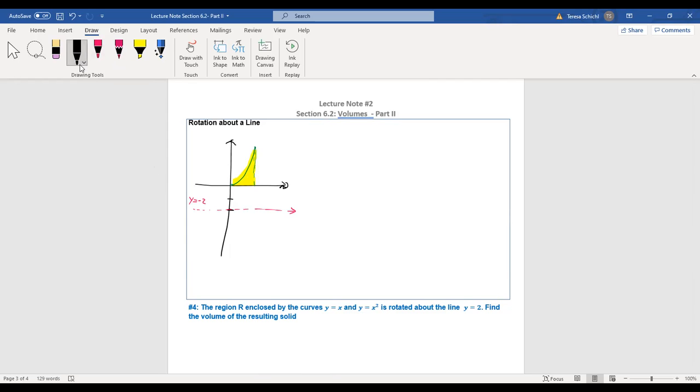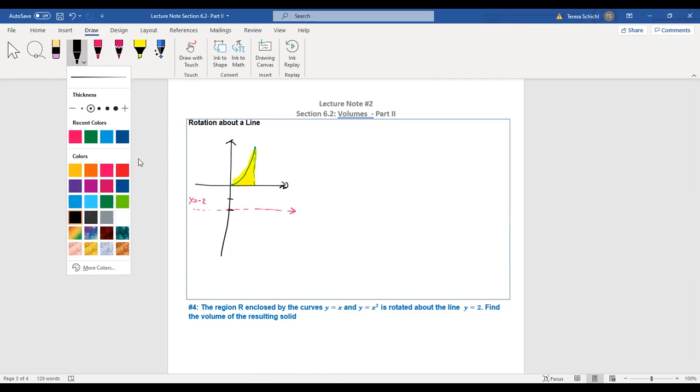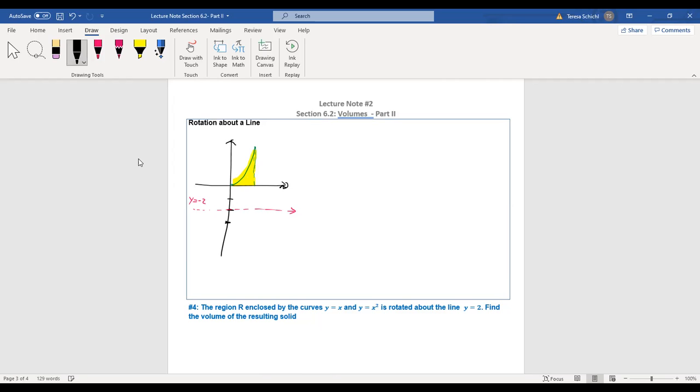For this type of problem, it's better to always graph it. You shift the x-axis to here, and now let's see what the rotation looks like.